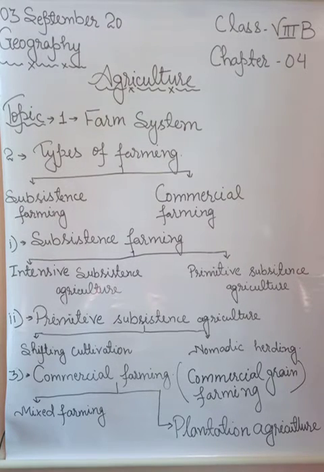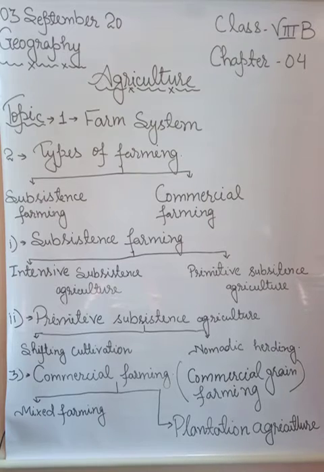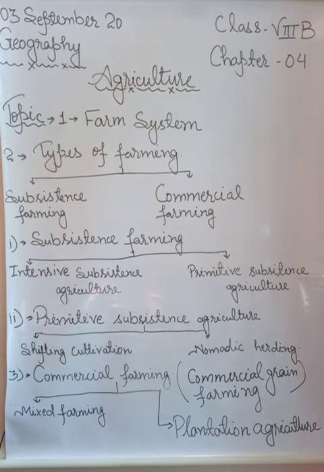Alright. After that, your next topic is commercial farming. So students, in commercial farming, mostly crops are grown and animals are reared for sale in the market, and the area cultivated and the amount of capital used is large.